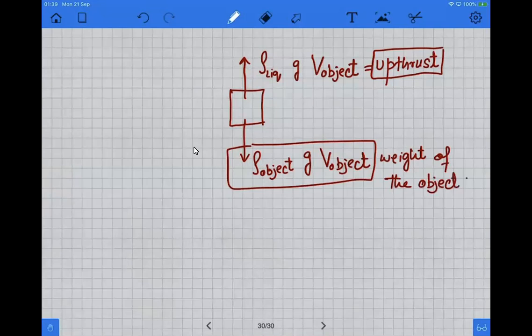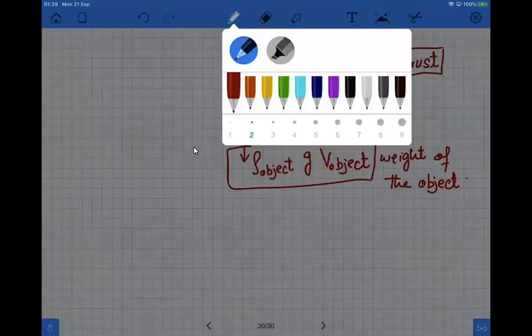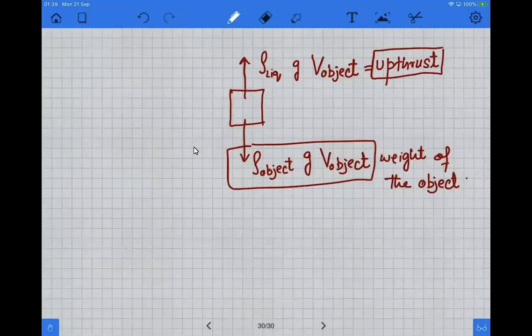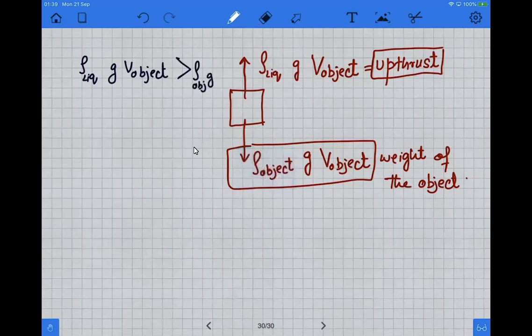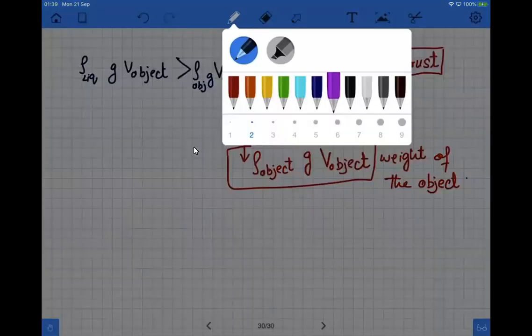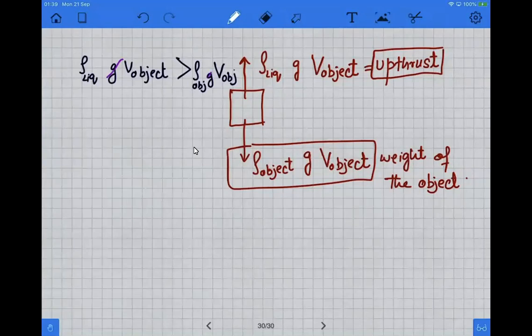Now, if we write the condition for sinking and floating, then if density of liquid into g into volume of object, that is upthrust, is greater than density of the object into g into volume of the object, then you see on the two sides you get g and you get volume of the object.